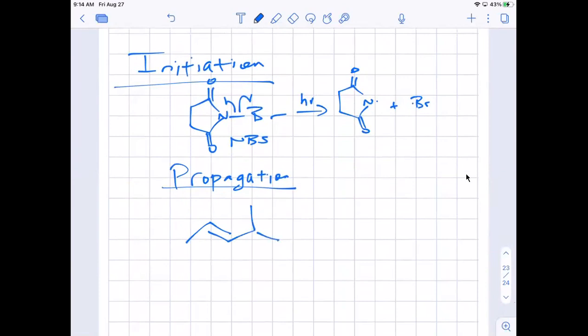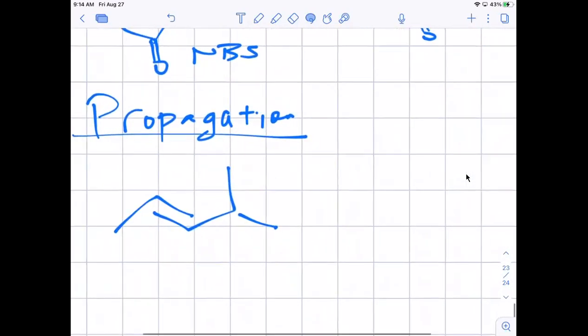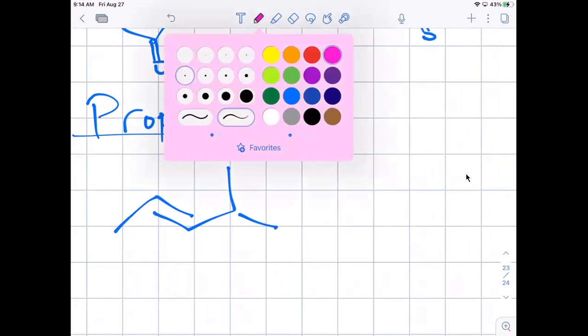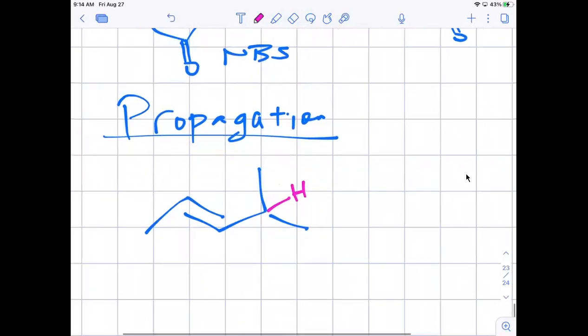That's my starting material. I'm going to go ahead and copy that so I don't have to fight with it, right? So everybody of the same mind in this case, that there's a hydrogen here, and that's my allylic hydrogen. And then there's also allylic hydrogens here on this carbon.